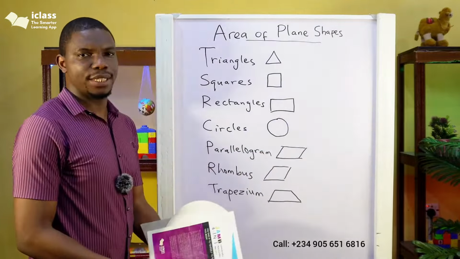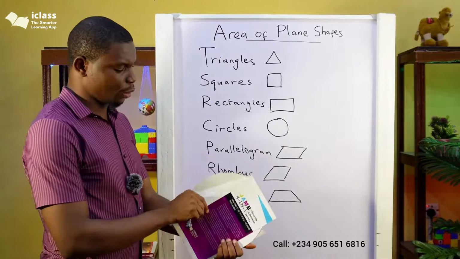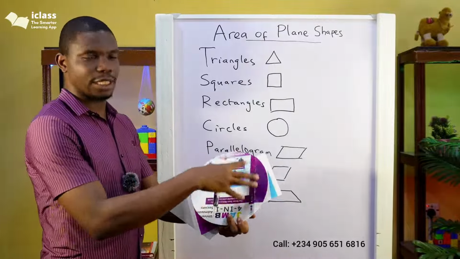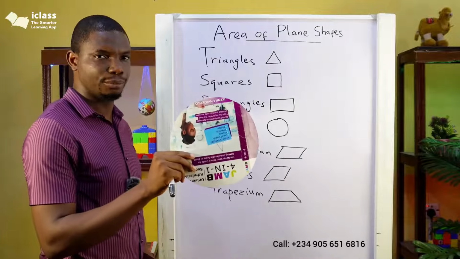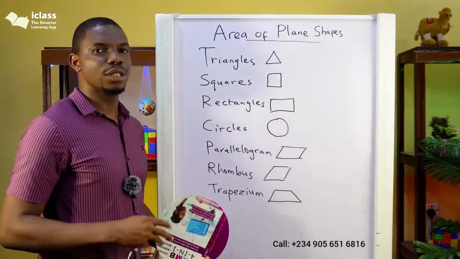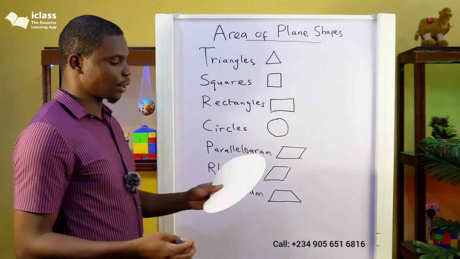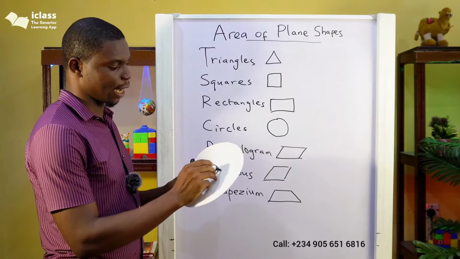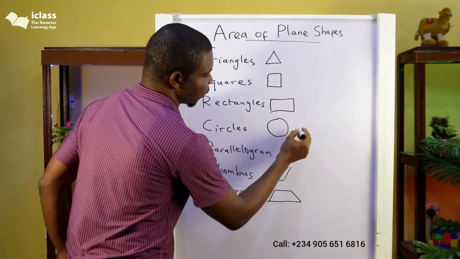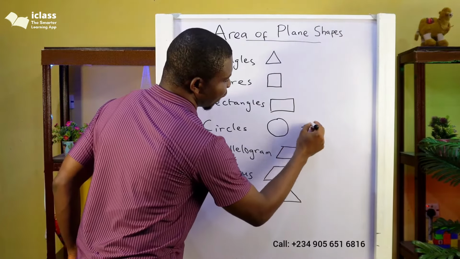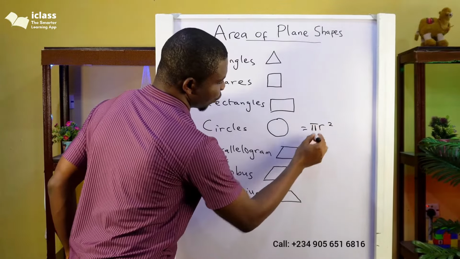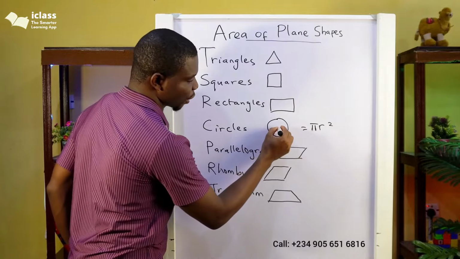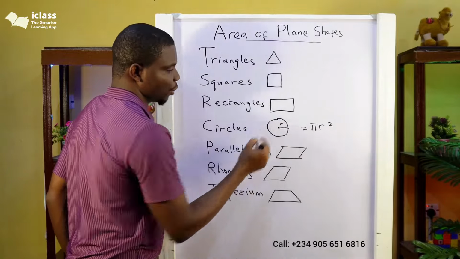But how do we calculate area? Do we need to start measuring the size of this circle to get the area of this circle? No. We use some formulas. For circle, the formula for finding the area of a circle is pi r squared. Pi is a constant, then the radius of the circle, from the center of the circle to the circumference, is the radius.